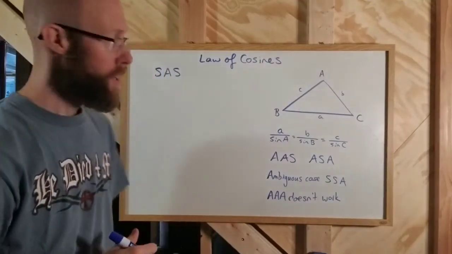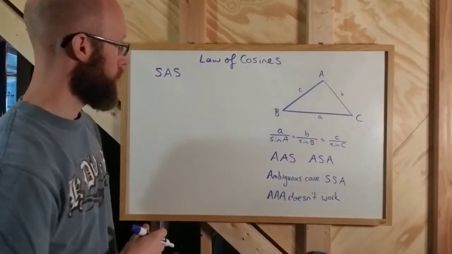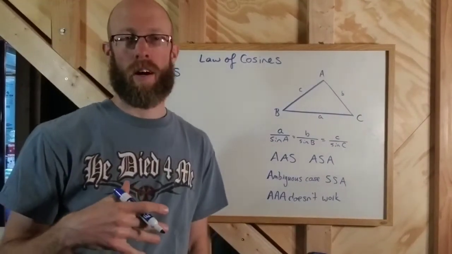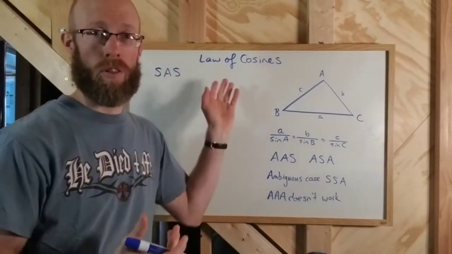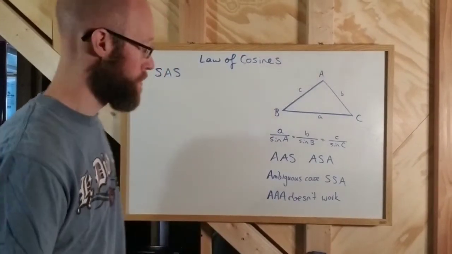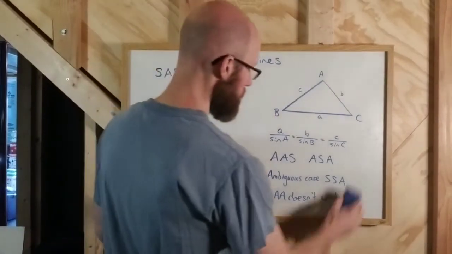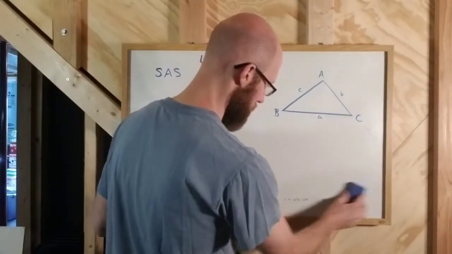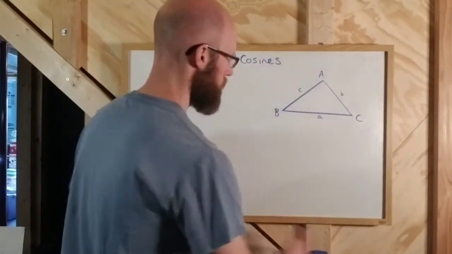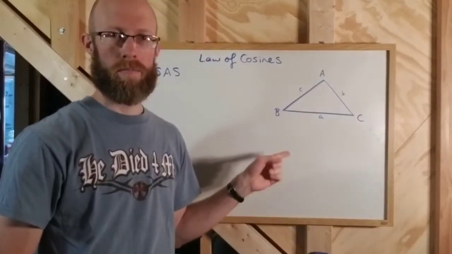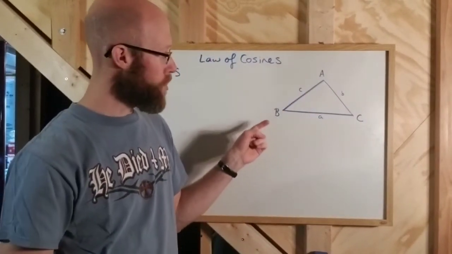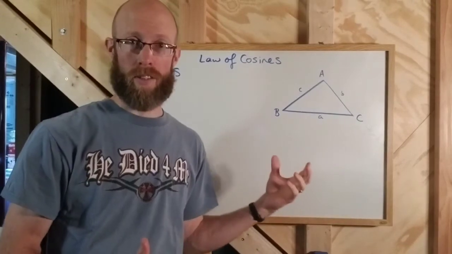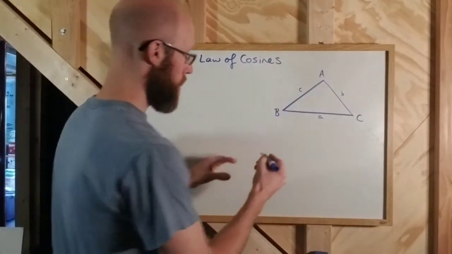All right. So now here's how we're going to derive the formula. It's called the law of cosines. The first thing I'm going to do is take this triangle ABC and put it on a coordinate axis, a set of coordinates.